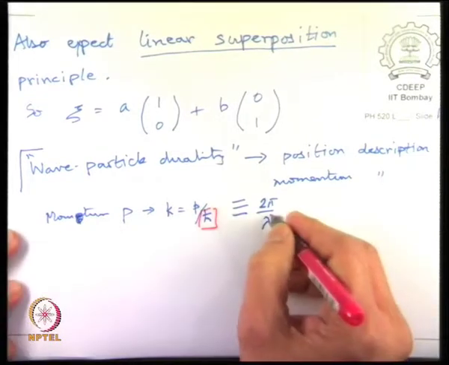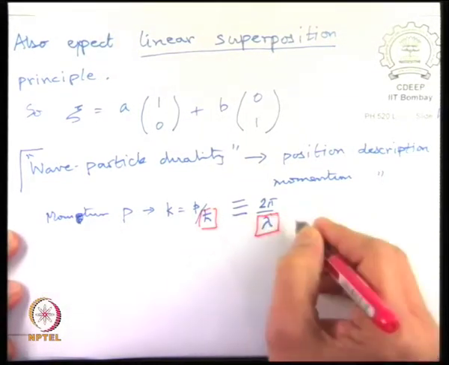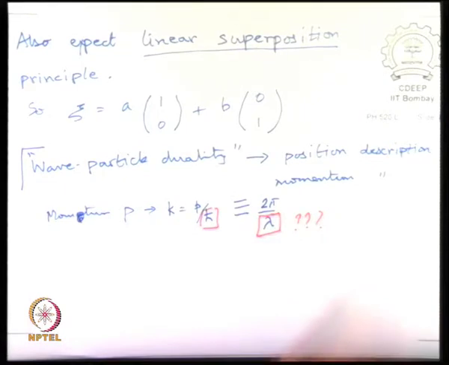There is no such lambda. The main point is that there is a fundamental number h cross which allows you to think of momentum as a length scale. And once you introduce a length scale, you say, oh my god, but the particle is either here or there, it's a wavelength like this. There is no wavelength, it's a momentum eigenstate.